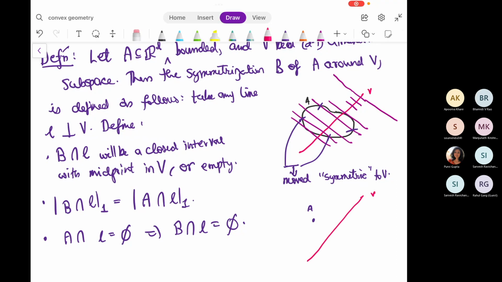Then all that will happen is that point A will become another point, lying on that perpendicular from A to V. It will come here. So this will be the symmetrization of A around V.